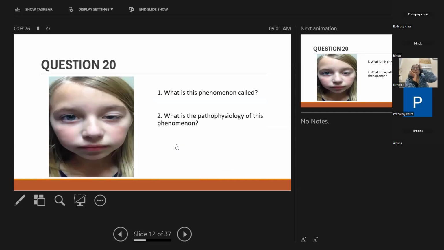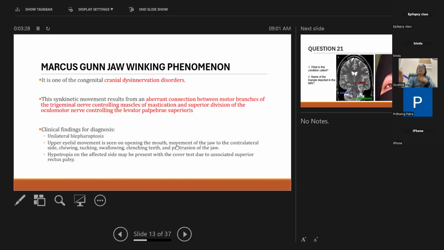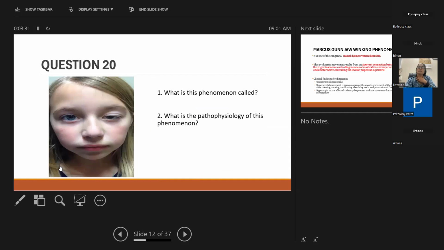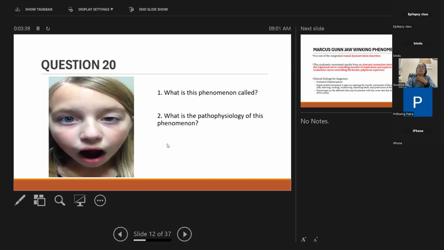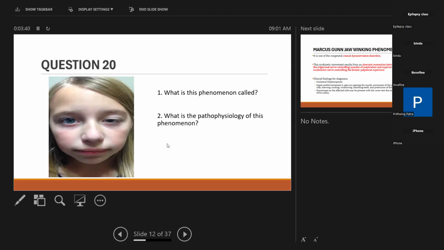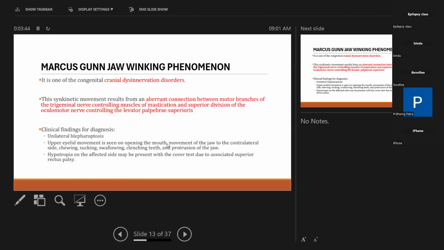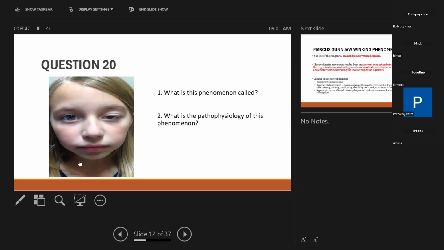Question number 20. What is this phenomenon? It is the Marcus Gunn phenomenon. The patient, while opening the jaw, has ptosis of the left eye, when the child opens the mouth.